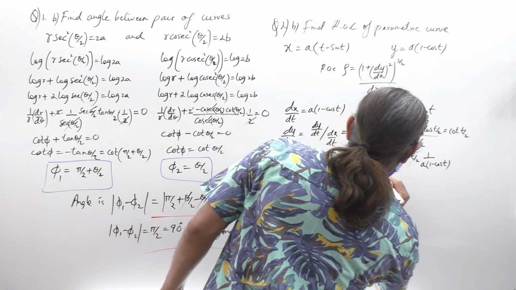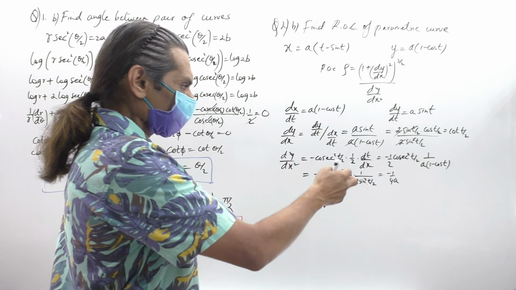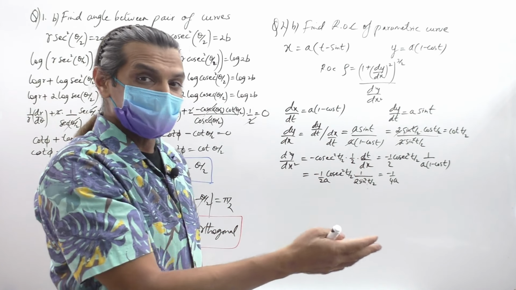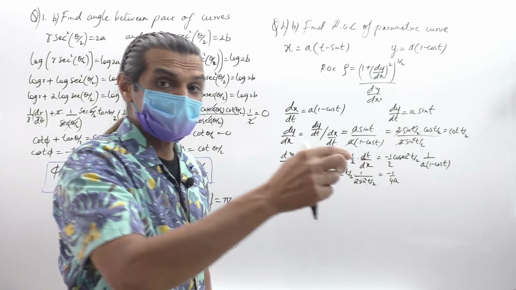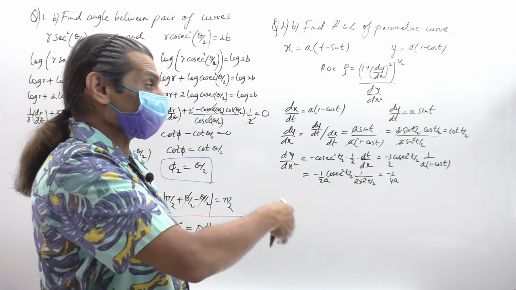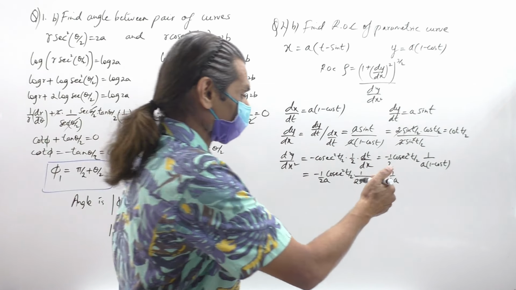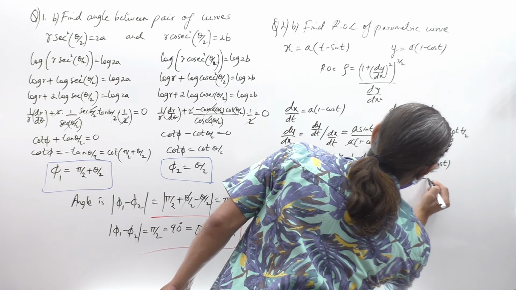So this will be now minus 1 by 4a cosecant square t by 2 upon sin square t by 2. 1 upon sin square is cosecant square, basic trigonometry. So cosecant square t by 2 into cosecant square t by 2 becomes cosecant raised to 4 t by 2.